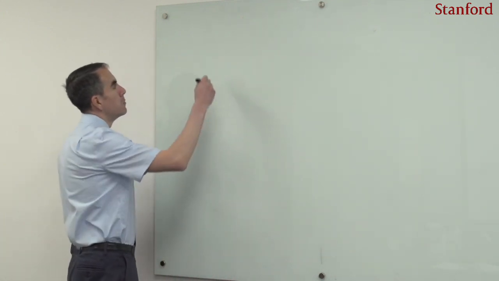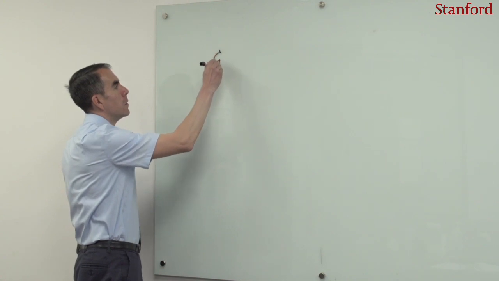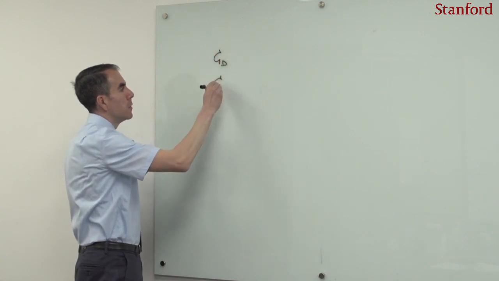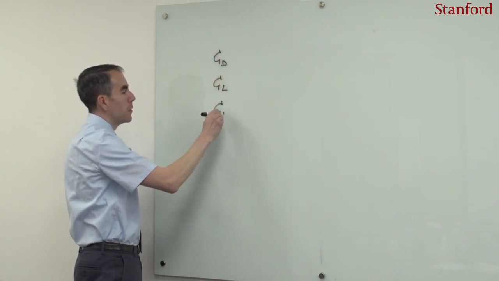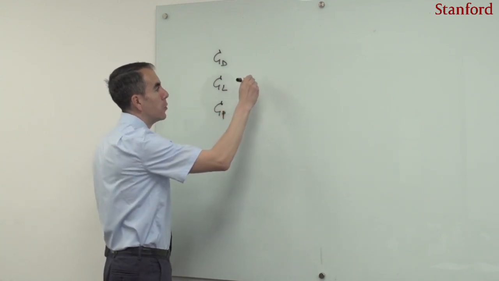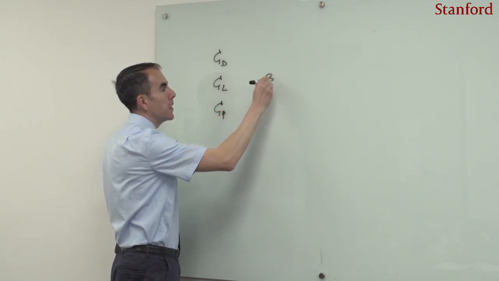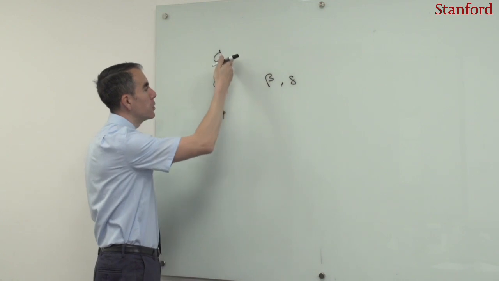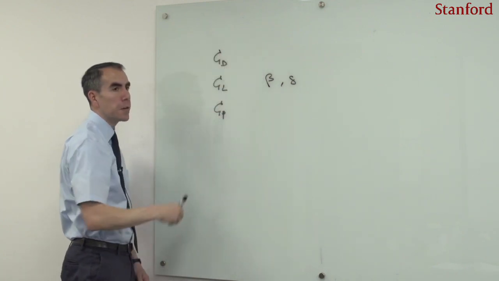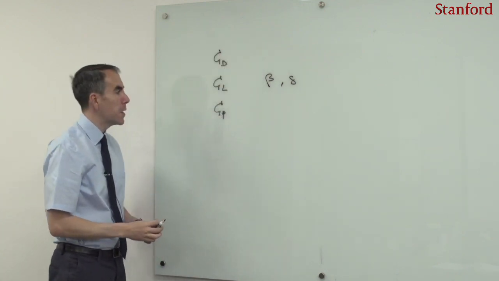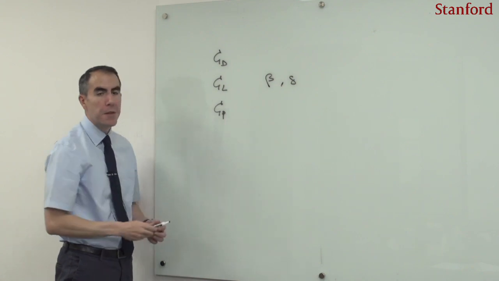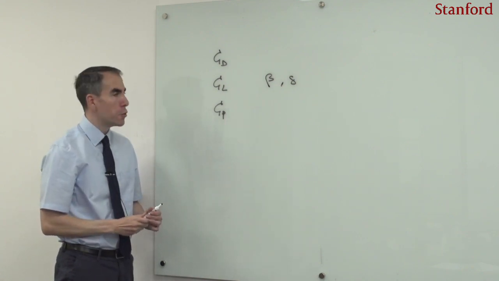There are some quantities that we have studied in the previous lectures that do not depend on viscosity. For instance, some of them could be the drag coefficient, the lift coefficient, the pressure coefficient, or the shock angles like beta and delta. These force coefficients at high Mach numbers have very little dependency on the viscosity.